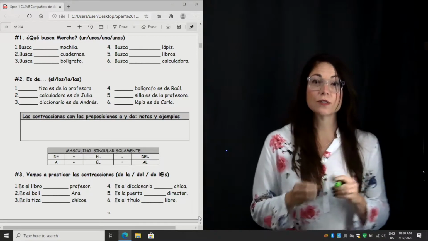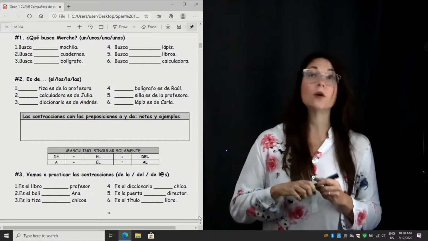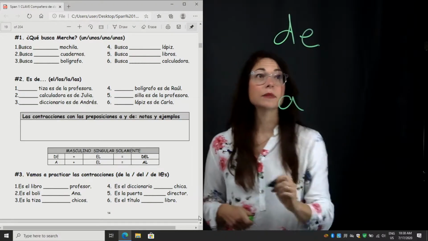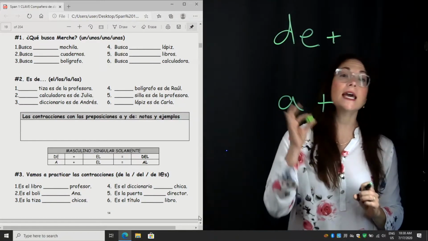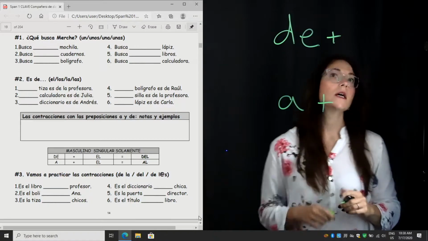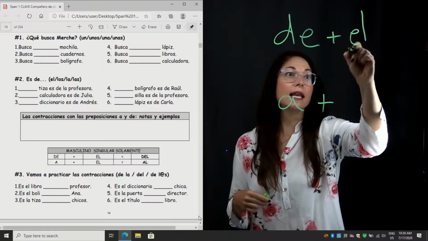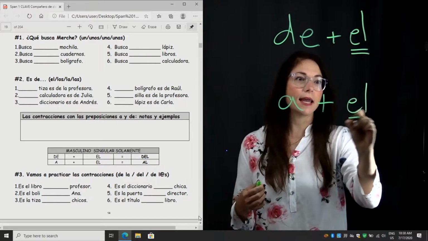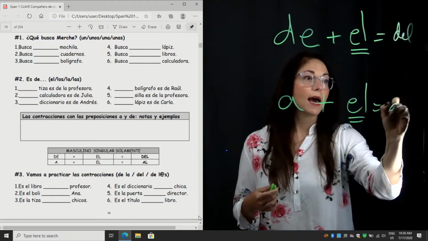Contractions in Spanish is a combination of a preposition, una preposición, como de o a, combined with solamente el masculino singular. So you can have de el or a el, and it will always become del, al.